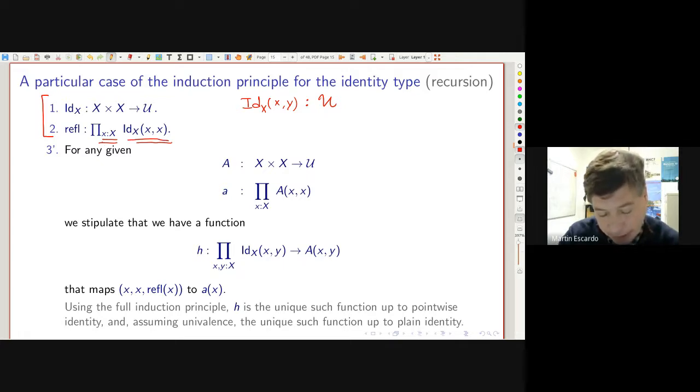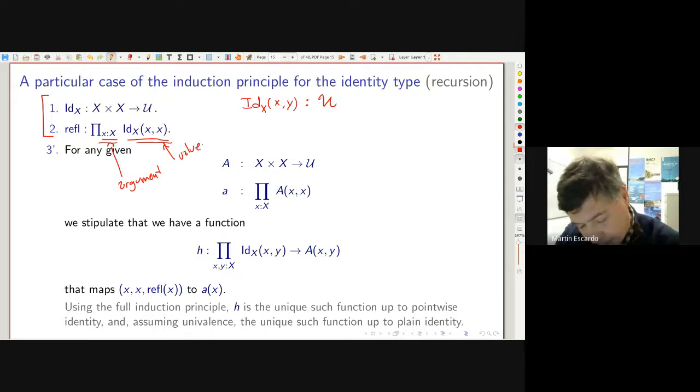This is the argument of the function, and this is the value of the function. So the argument is a point of X, and the value is such an identity type. So basically saying, given any point, you can find an element of the identity type which identifies it with itself. Okay, so this is what we discussed in the last page, except that now I added the pi type.